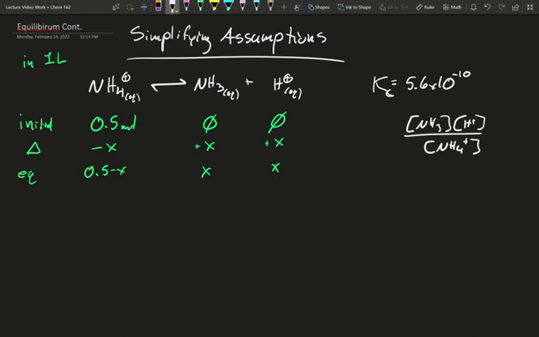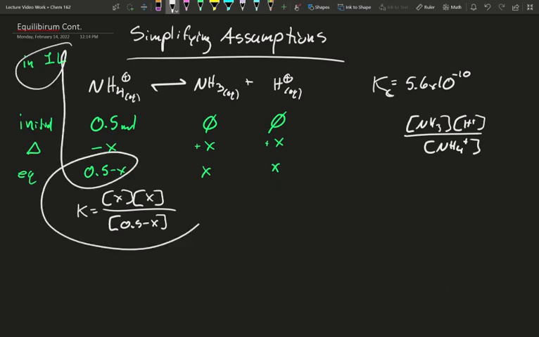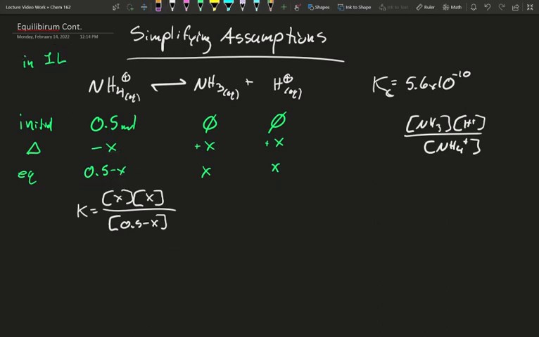If we wanted to solve for x here, we would have that our K is equal to our ammonia, x times our H plus, x, all over our ammonium, NH4 plus, of 0.5 minus x. Since we're in 1 liter, it's just the moles divided by 1 to get our concentrations. Well, we know our K value, that is 5.6 times 10 to the minus 10.